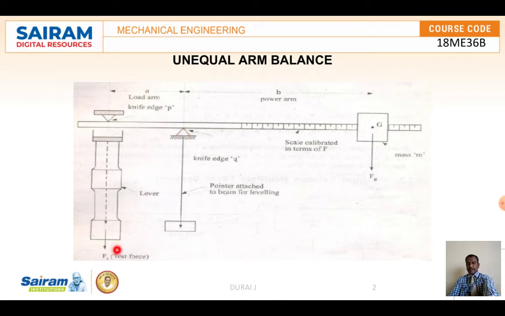Taking the moment about this point, Ft into A is equal to Fg into B, where Ft is the test force, and moment is force into perpendicular distance.